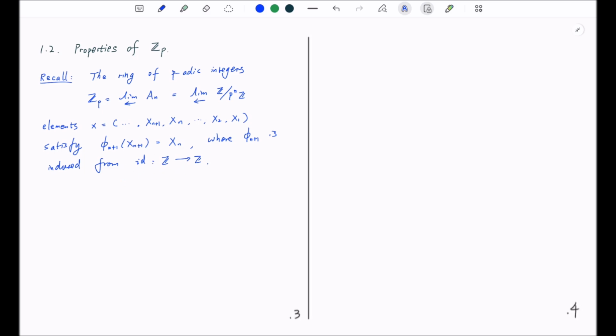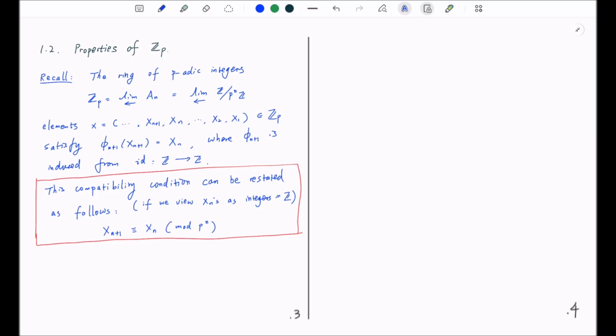If you don't like this language and prefer elementary number theory language, we can also restate this compatibility condition as follows. Equivalently, this condition is the same as saying x_(n+1), if you view that as an integer, is congruent to x_n modulo p^n.